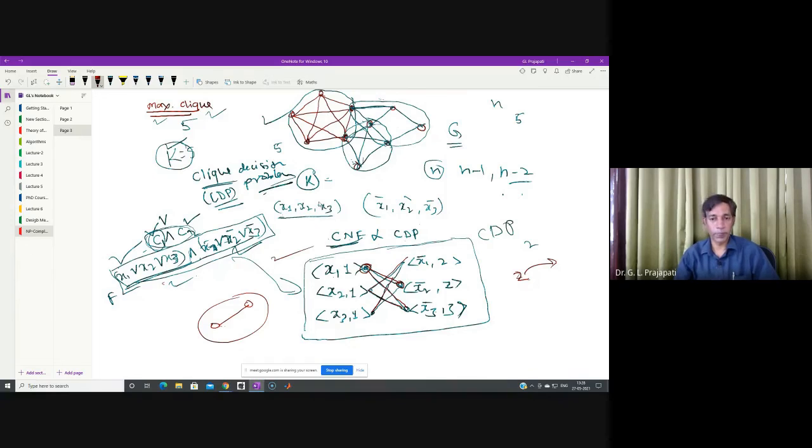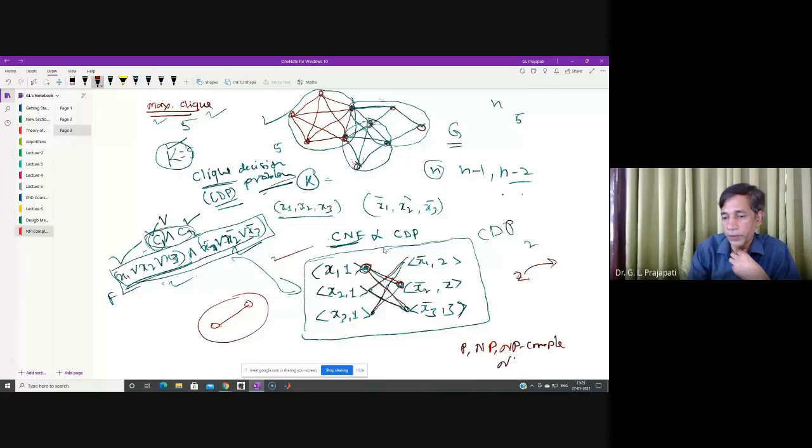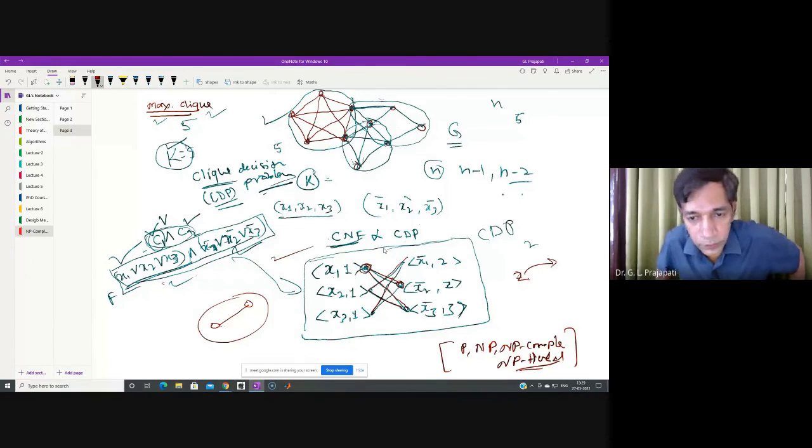So that's all from the classes P, NP, NP complete, and NP hard. You need to study this, and you can explore either the Cormen book or the Sartaj Sahni book.